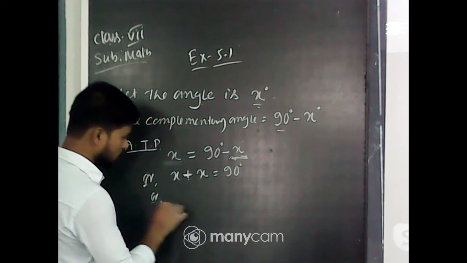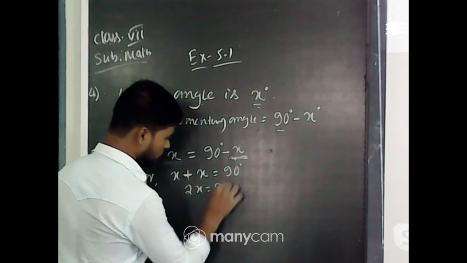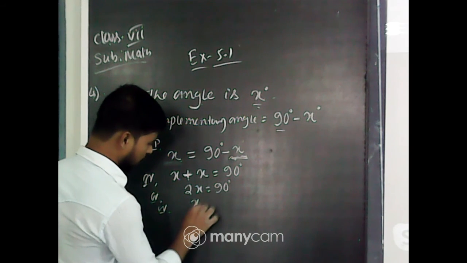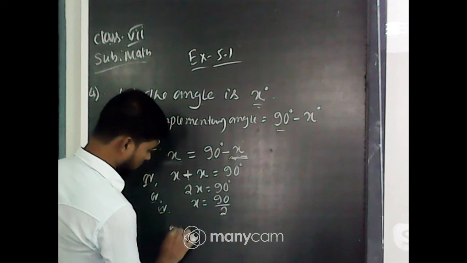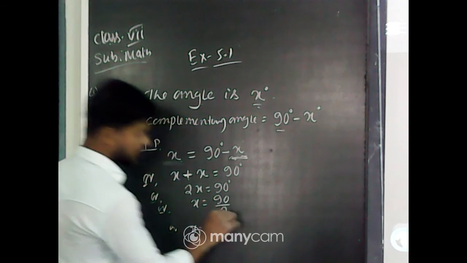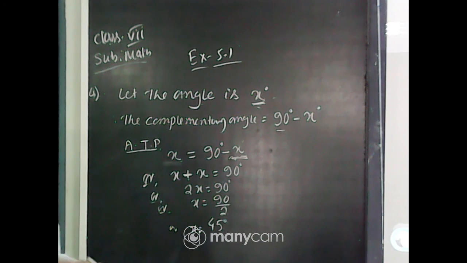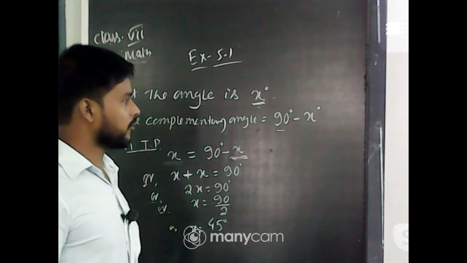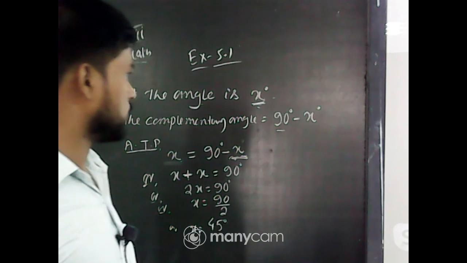Means x plus x, which is 2x, is equal to 90 degree, or x is equal to 90 degree by 2. That means x is equal to 45 degree. So the angle which is equal to its complementary angle is 45 degree. So the required angle is 45 degree, which is equal to its complementary angle.